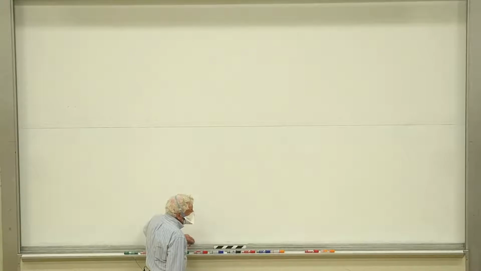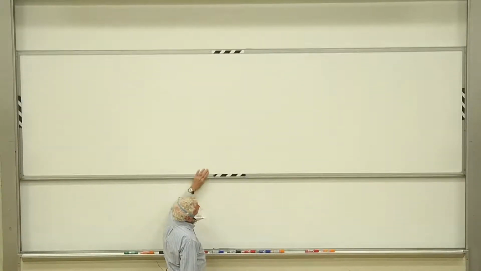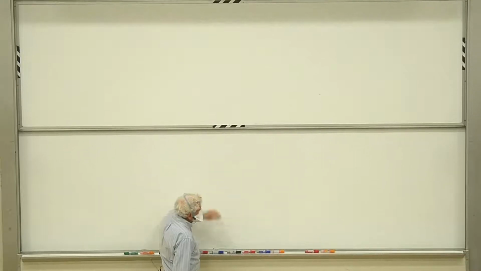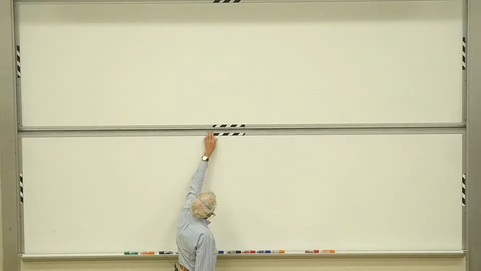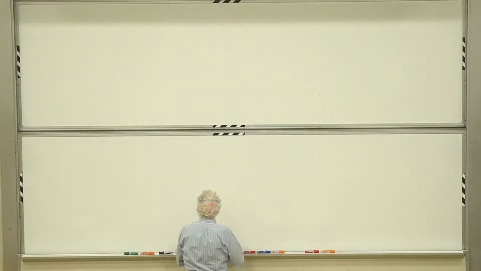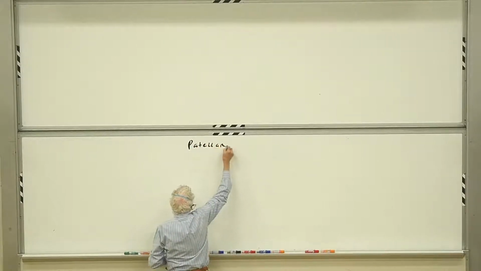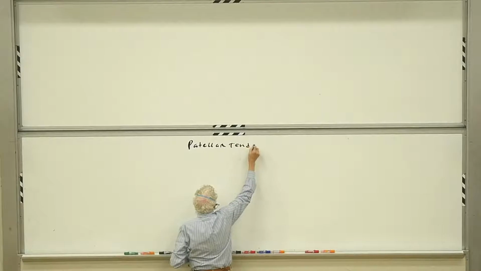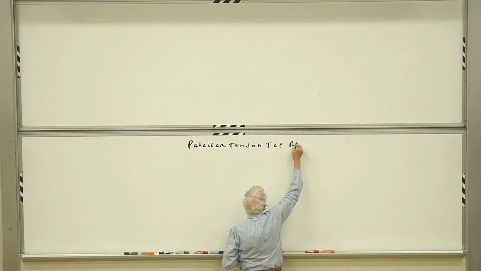That's a reflex. And that reflex is largely, not entirely, but largely dependent upon the tendon tap reflex and other stretch receptors throughout your leg and tendons that we're going to briefly summarize here as the patellar tendon tap reflex.